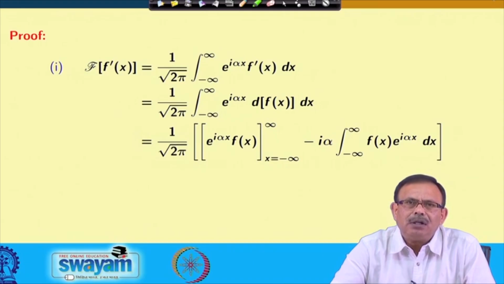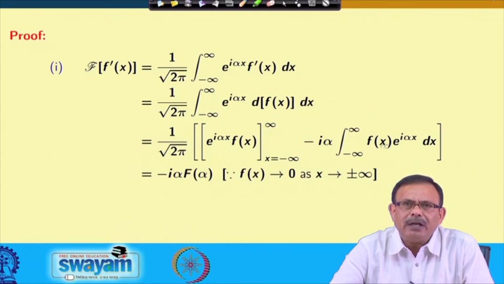The limiting value of the first term will be 0, because f(x) approaches 0 whenever x approaches plus infinity or minus infinity. It is known to us. So that is 0, and the second integral is nothing but minus i alpha into the Fourier transform of f(x), which we are writing as capital F(alpha), from the definition. Therefore, this completes the proof that the Fourier transform of f'(x) equals minus i alpha into F(alpha).